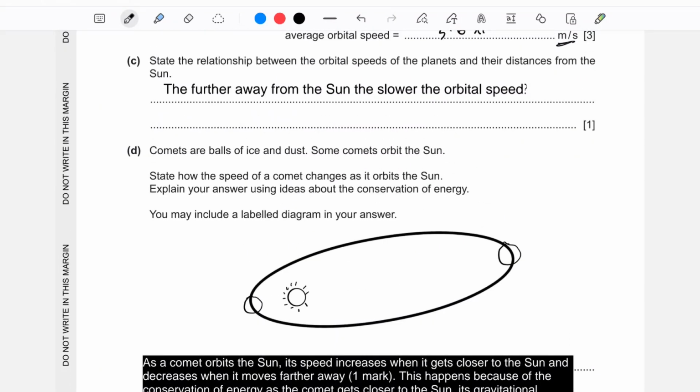That's important. And here, when it's further away from the Sun, the kinetic energy would be lower and the gravitational potential energy would be higher. And as it moves towards the Sun, the kinetic energy would increase and the gravitational potential energy would decrease.